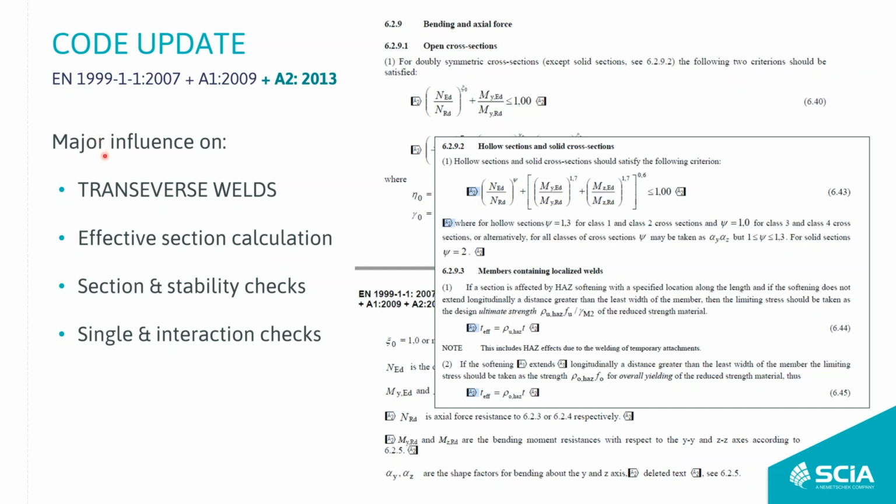The major influence it has is on transverse welds, on calculation of effective section, and also on the calculation of check in the section, and also the stability checks, plus also some interaction checks.